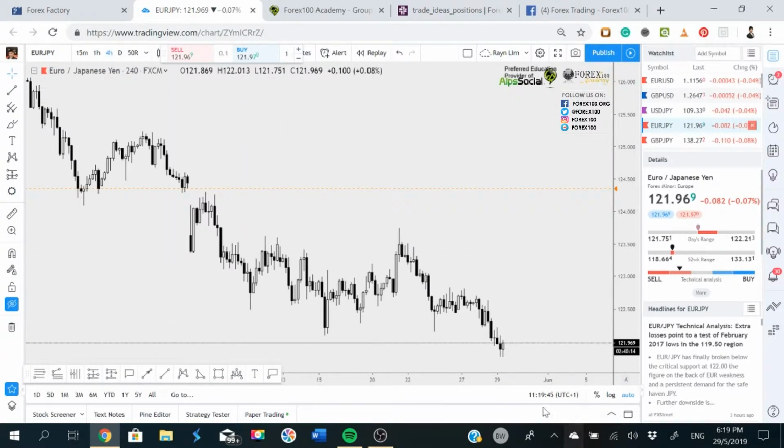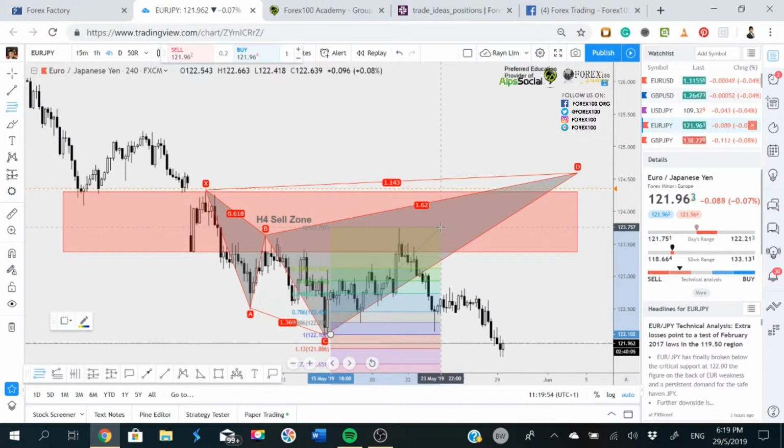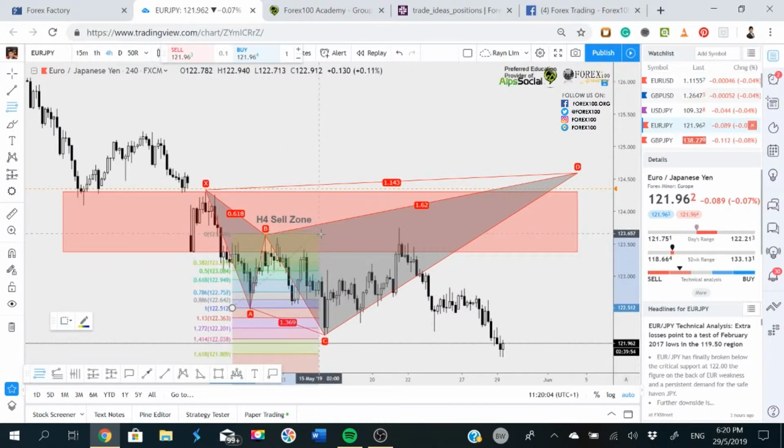Alright, on the 4 hour chart, I see this very interesting move. I spotted something. It's very interesting. Yes, indeed there is another opportunity over here. Based off the 4 hour chart, let me just do a quick check.